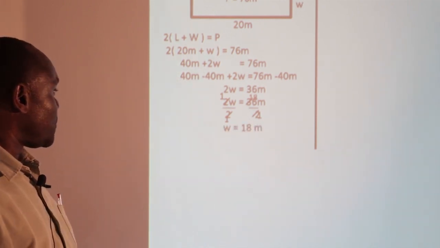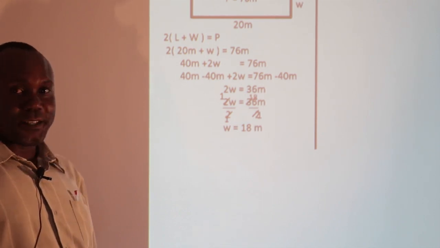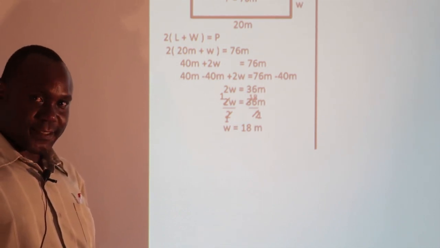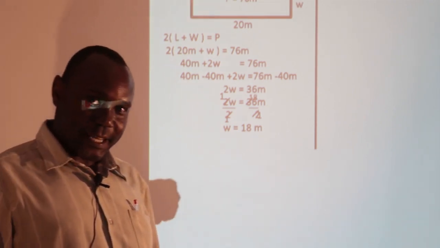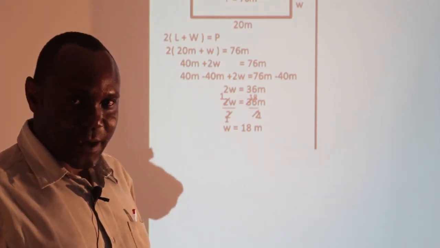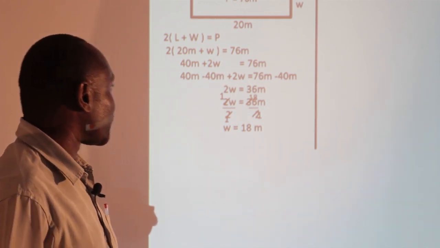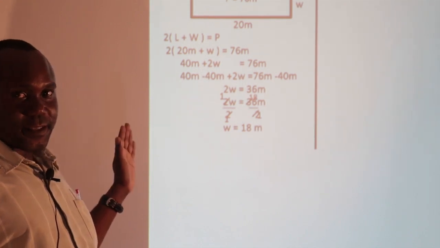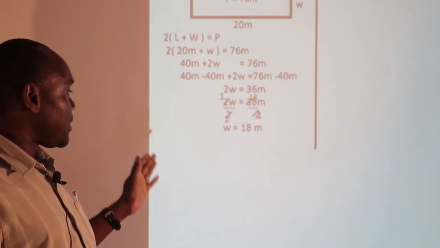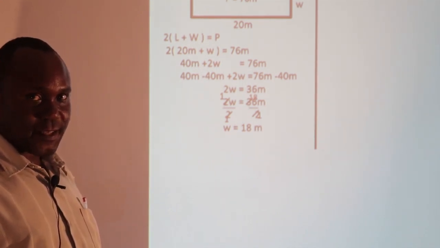So our w gives us 18 meters. Dear candidates, make sure that all the steps are properly well laid. So that is finding the width. So the width of this rectangle is 18 meters.